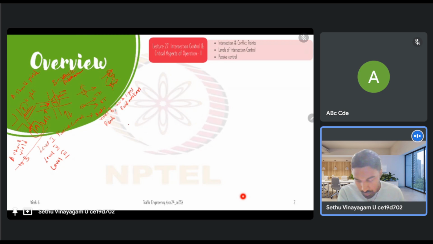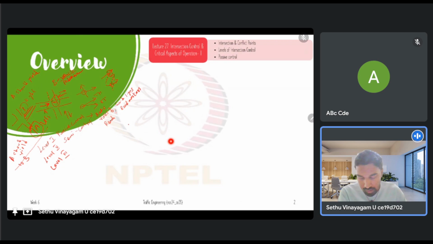But when you have a slightly higher level of traffic, this cannot work effectively. In that case, or if more accidents are happening just by following the basic rules of the road, you go for a higher level, that is level 2, which is called semi control.